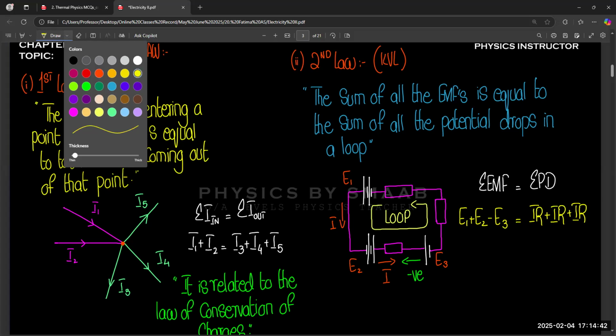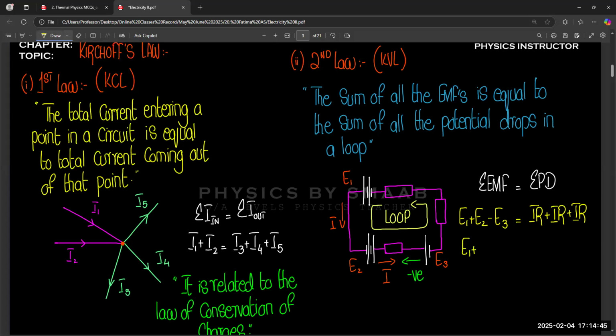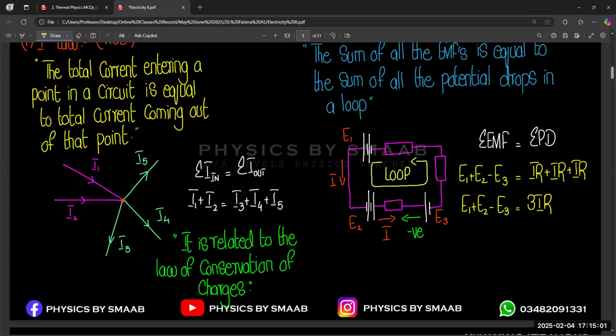So in short, we got the equation E1 plus E2 minus E3 is equal to 3IR. Potential difference and EMF give you the same idea of energy conversion per unit charge. Just like KCL, which we mentioned is related to the law of conservation of charge, KVL is the law of conservation of energy, because in potential difference and EMF, we are actually working with energy per unit charge.